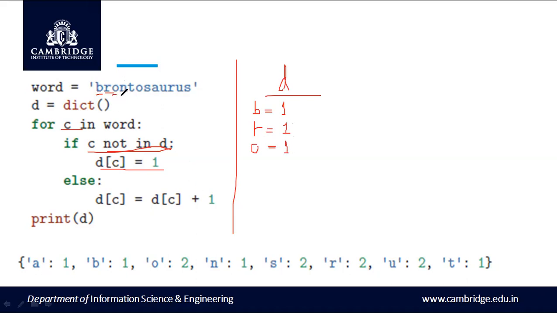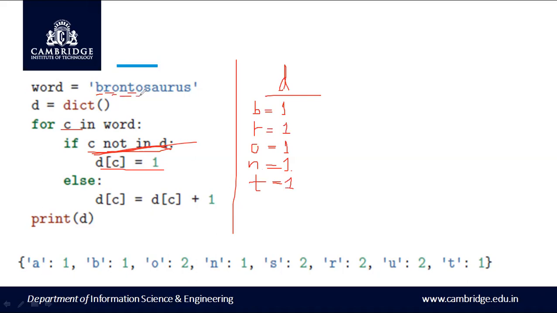Next, N. N is also not in D, so N is also assigned the value 1. Next, T. T is also not in D, so T will also be assigned 1.